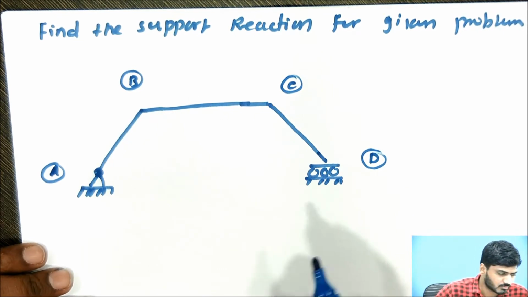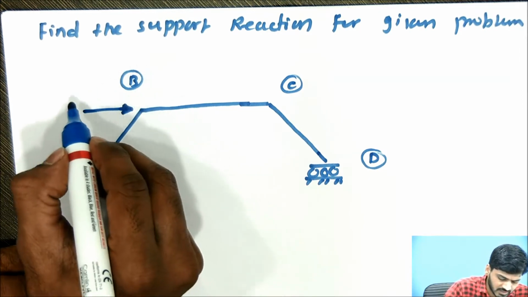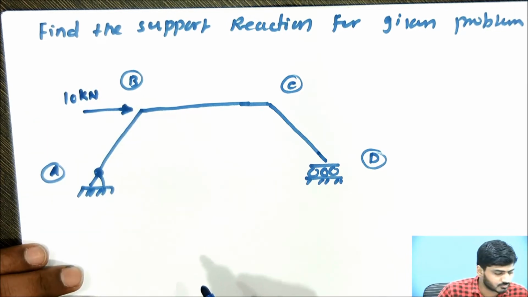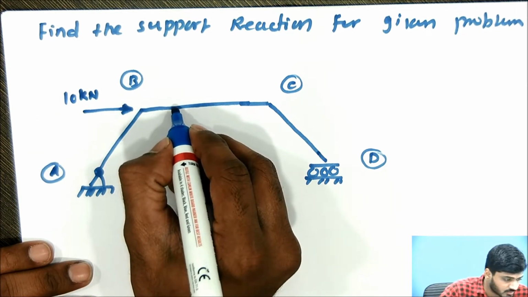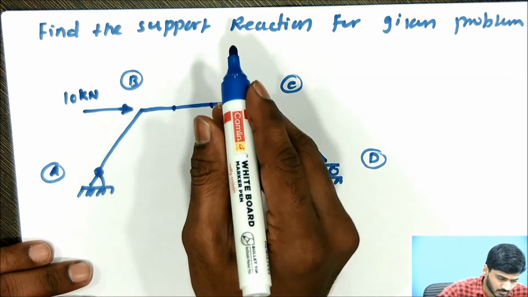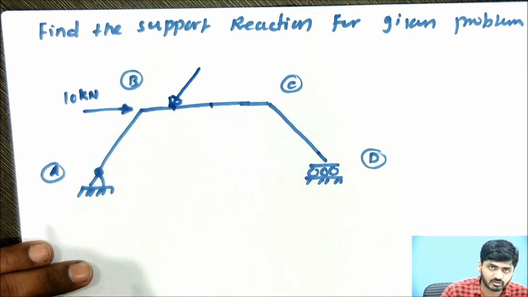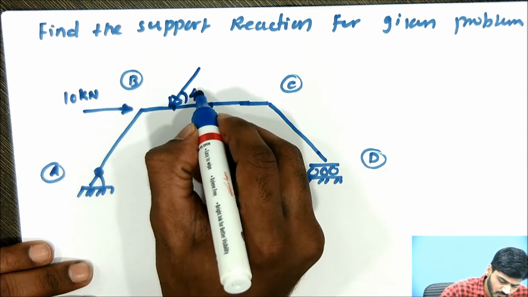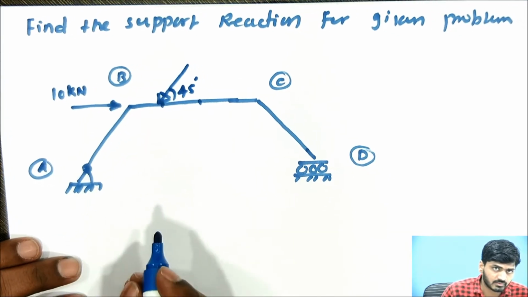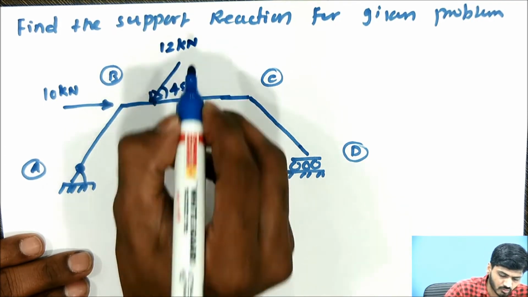Further, they have mentioned an additional 10 kilonewton force. Then at a particular distance, an inclined point load is there having inclination 45 degree, and the intensity of that force is 12 kilonewton.